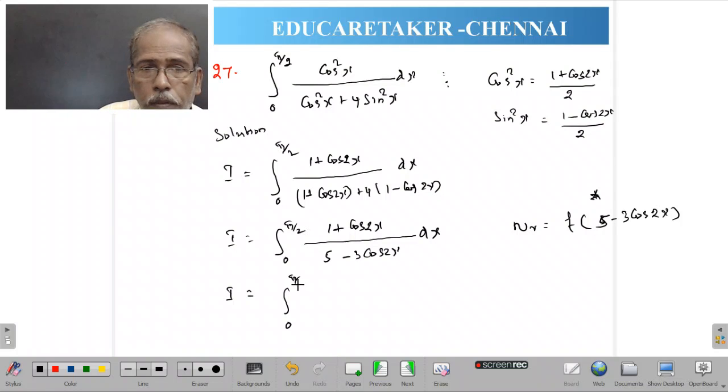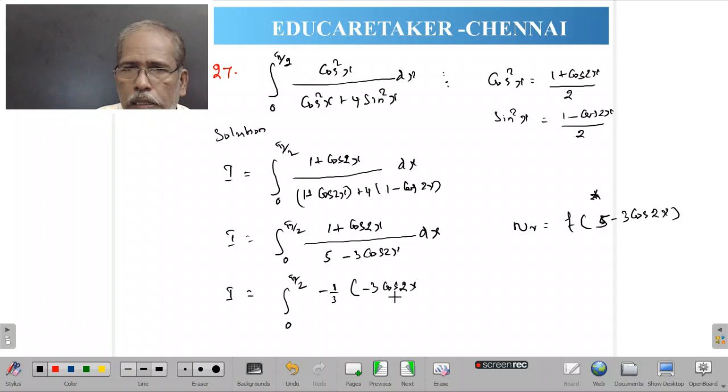0 to pi by 2. Then we can start our adjustment from cos 2x: minus 3 cos 2x required, so minus 1 by 3. Okay. Then minus 1 by 3 into minus 3 cos 2x, and we need 5.